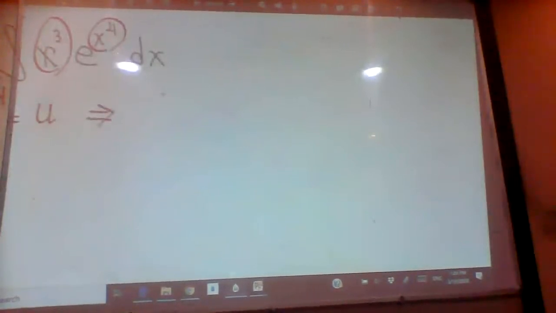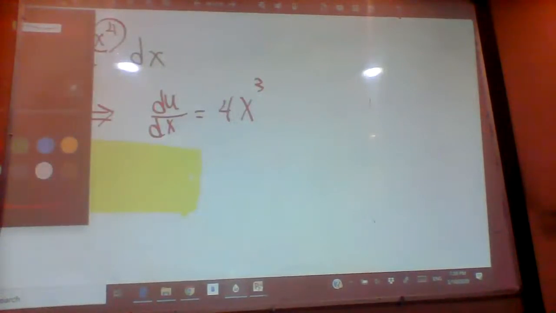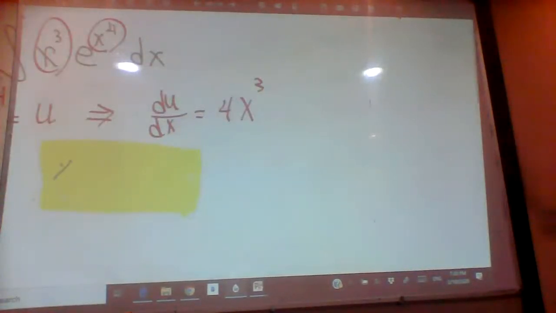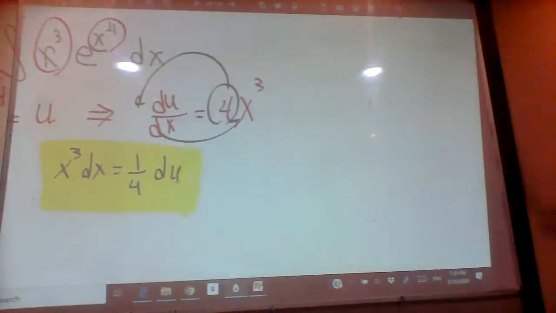It means du over dx equals 4x power 3. So if you want to replace, as a package, you can replace x power 3 dx by a quarter du.